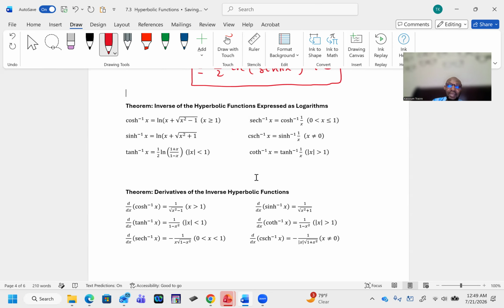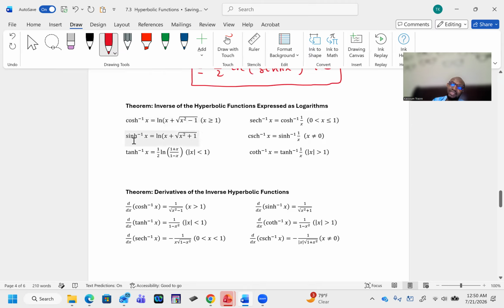That makes sense. So inverse hyperbolic cosine of x is ln of x plus square root of x squared minus 1, with x greater than or equal to 1.